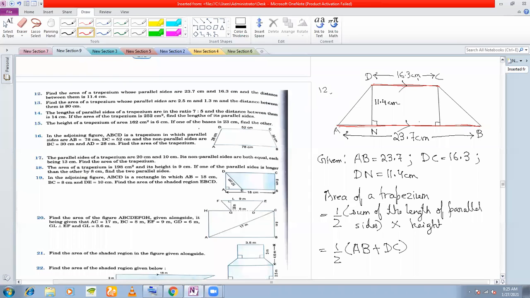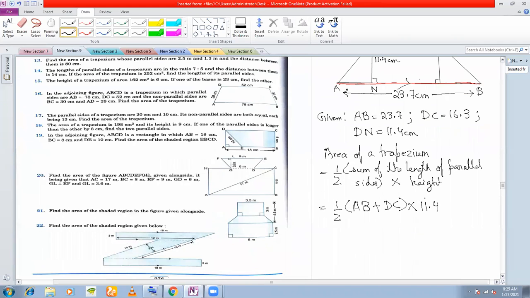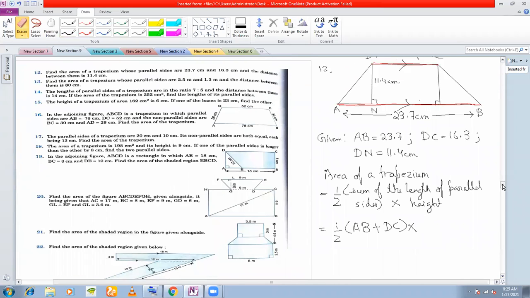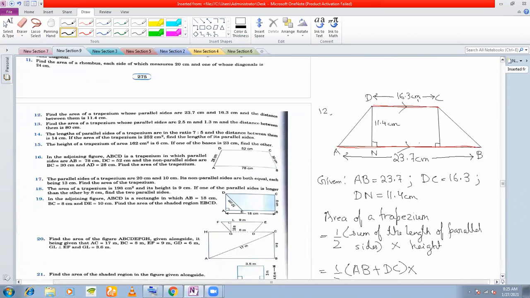Into height. Let's not write 11.4 first. Let's write DN first. Here, the distance between the parallel sides, or the height of the trapezium, is 11.4 given, which is DN.